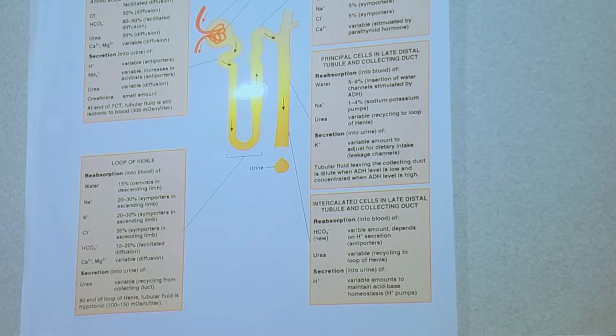How much did you say was in the distal? 10 to 15% in the distal. And then 5 to 10 because of anti-diuretic hormone affecting the collecting duct.